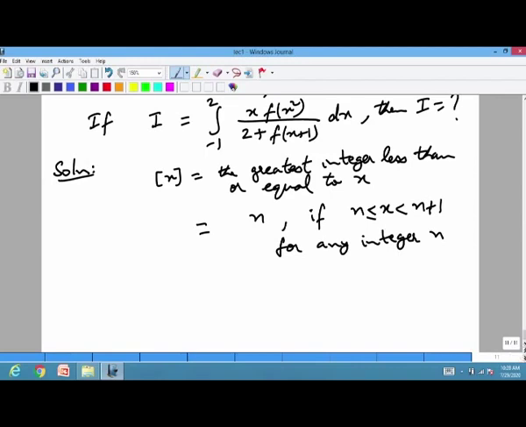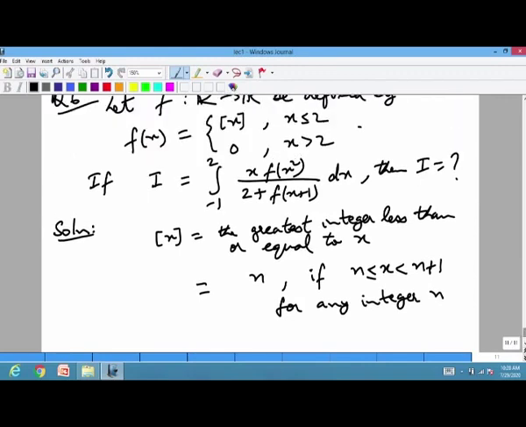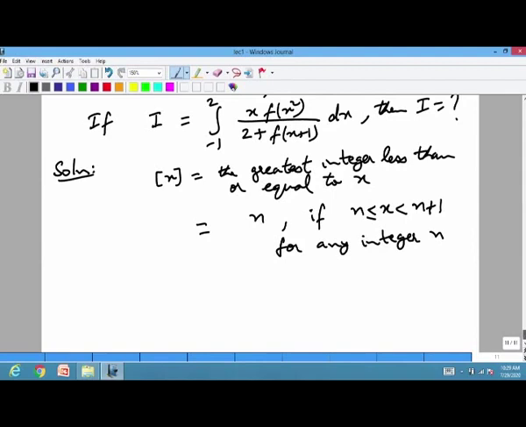So, we have f of x defined to be greatest integer of x if x is less than or equal to 2, and 0 for x bigger than 2. Now, I is the integral of this. So, let us write g of x equal to x times f of x square divided by 2 plus f of x plus 1.